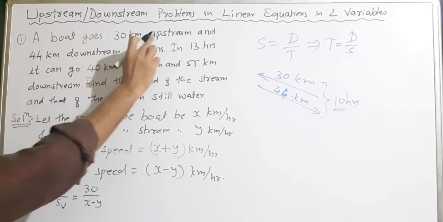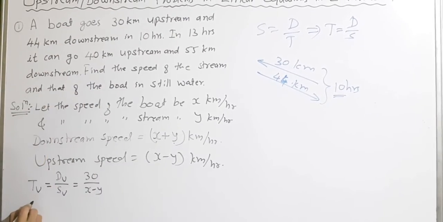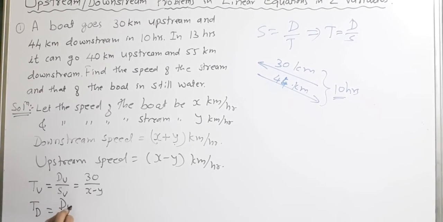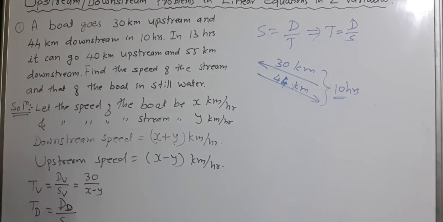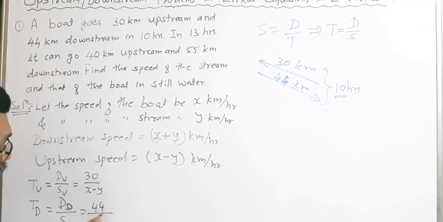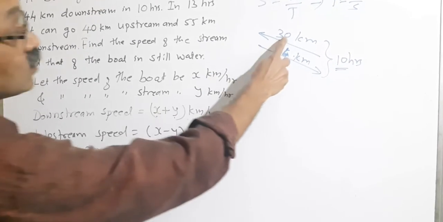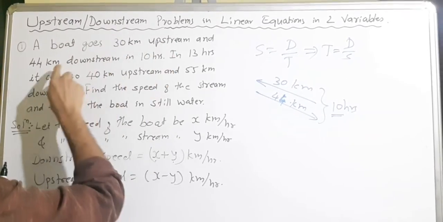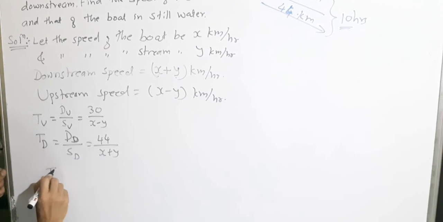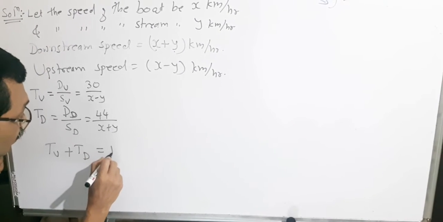In the same way, time taken to go downstream is equal to distance downstream upon speed downstream, which is 44 upon x plus y. But what is given? The total time is 10 hours. So time upstream plus time downstream is equal to 10 hours.